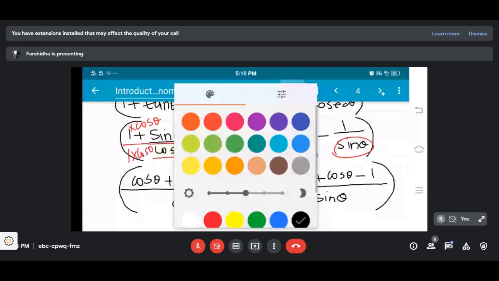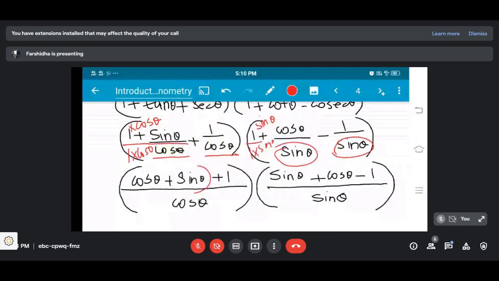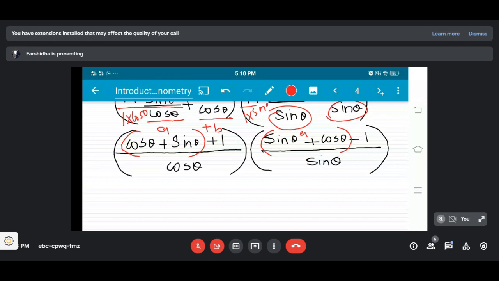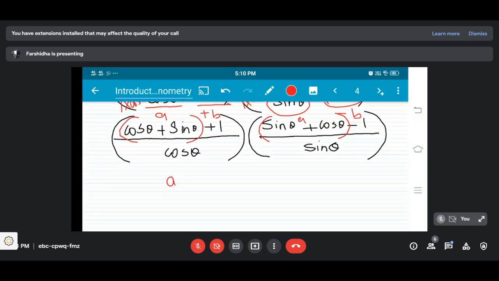Okay, now listen carefully. I am grouping this cos theta plus sin theta together. Here also you can see sin theta, cos theta. So according to algebraic identity number 3, a plus b into a minus b, I'm considering the whole cos theta plus sin theta as a plus b into a minus b. Third identity.